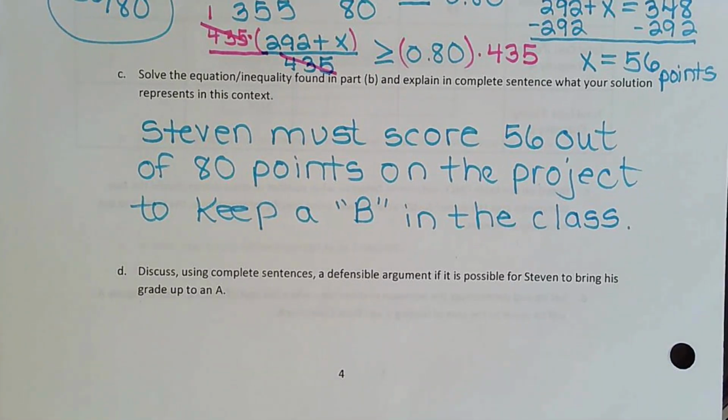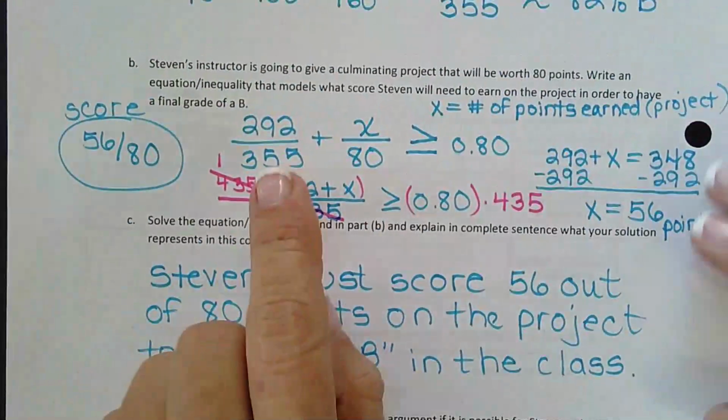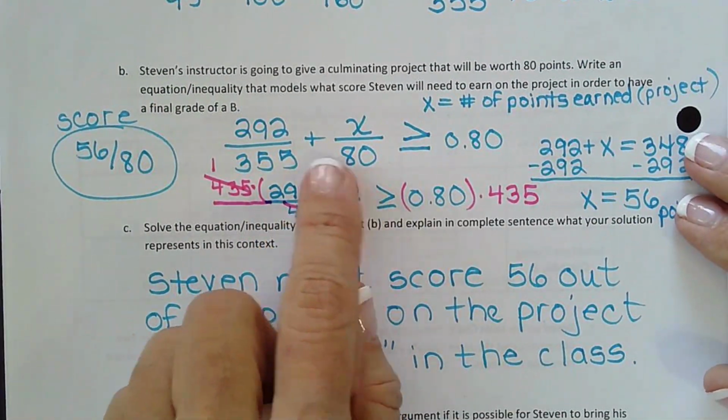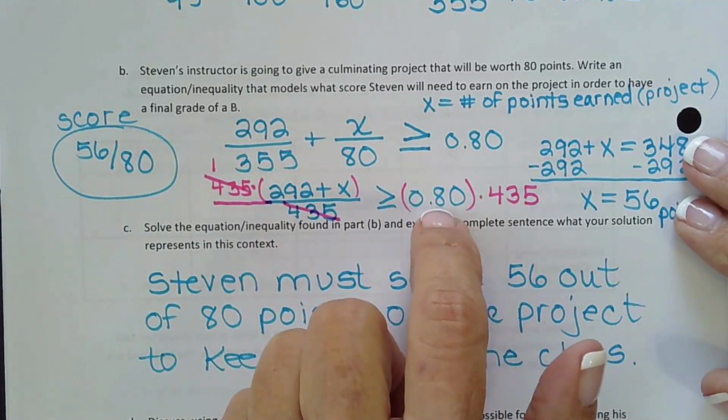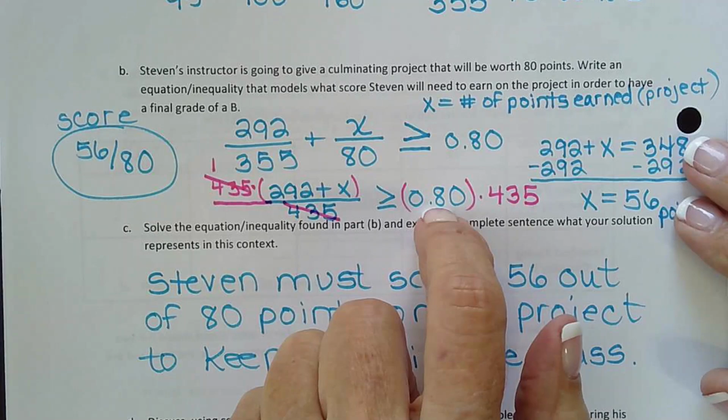Okay, now they're trying to trick us here. Can Stephen earn an A? So we can use this exact same equation or inequality, but we just need to change that to 90.